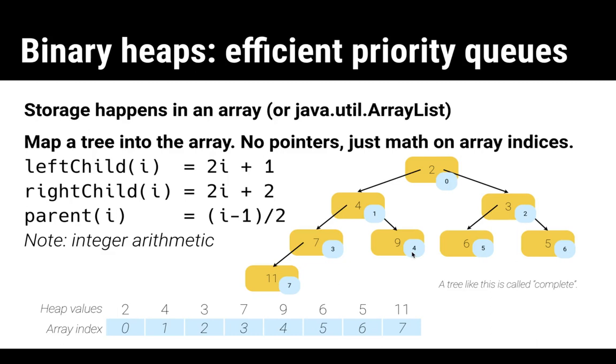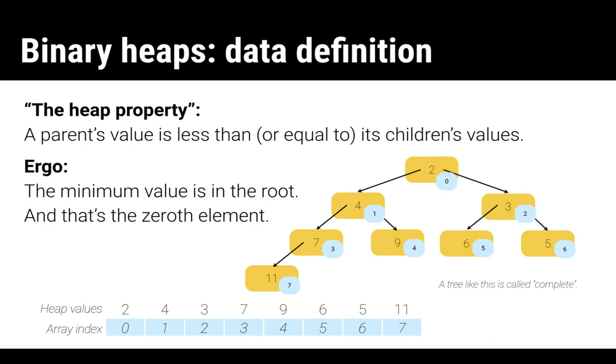All right, now let's talk about the heap part. We want to store the numbers in yellow here. We want these yellow numbers stored in what we are calling the heap property. The heap property is that a parent's value is less than or equal to its children's values. So that means that the ordering here is not the usual tree ordering where smaller things are on the left and bigger things are on the right.